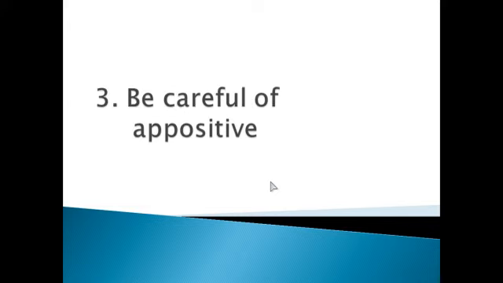Okay, the next, be careful of appositives. Appositives can cause confusion in the structure section of the TOEFL test because an appositive can be mistaken for the subject of a sentence. An appositive is a noun that comes before or after another noun and has the same meaning.